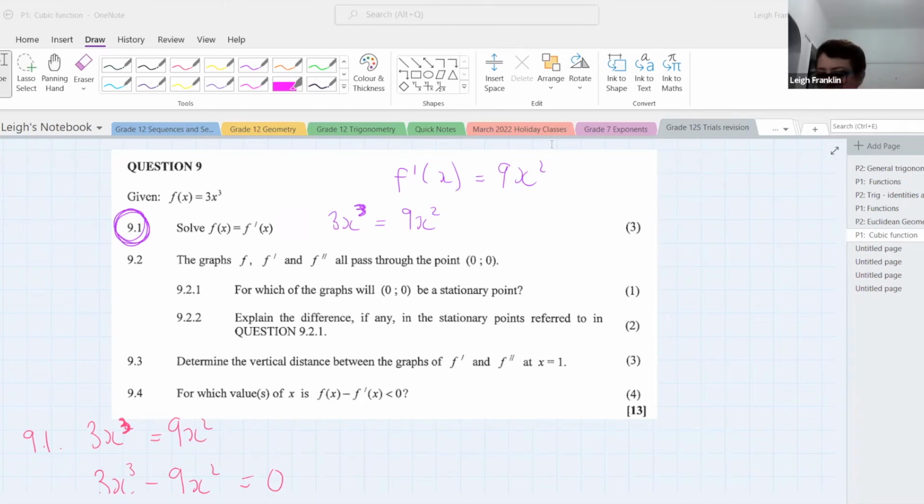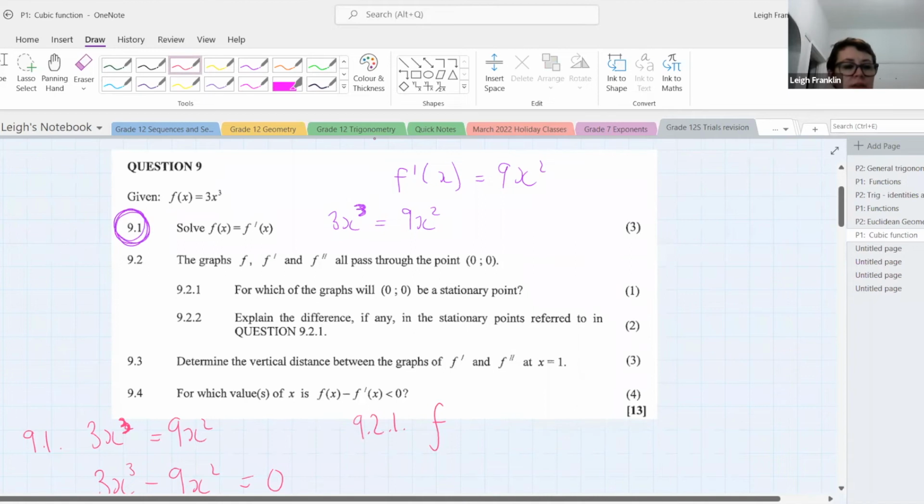Which graphs have stationary points? Absolutely, f will have a stationary point because it's a cubic function, so it has to have a stationary point at least.